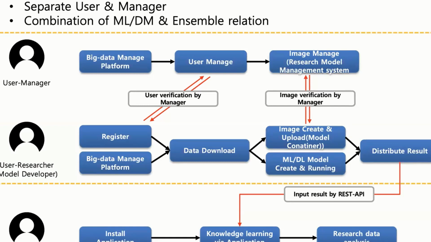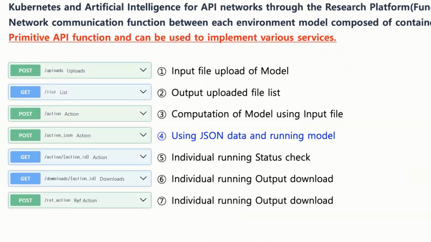This supports the ensemble model, meaning model A's output is model B's input, and we make this workflow through the APIs. API communication in the container is very natural for making the workflow: one model's input or output can be used as the next model's input or output.